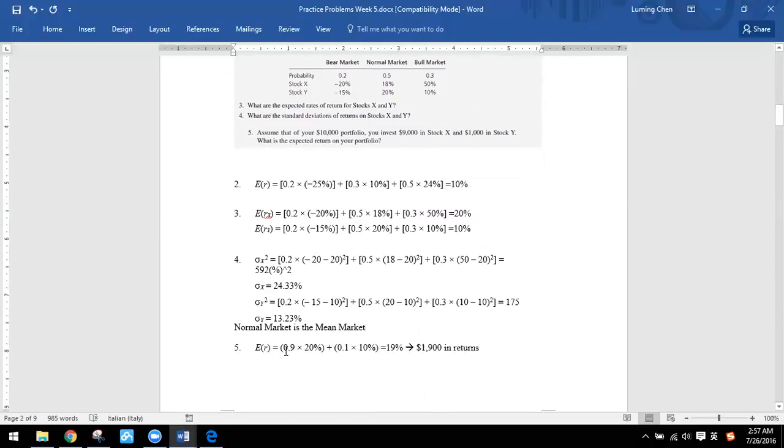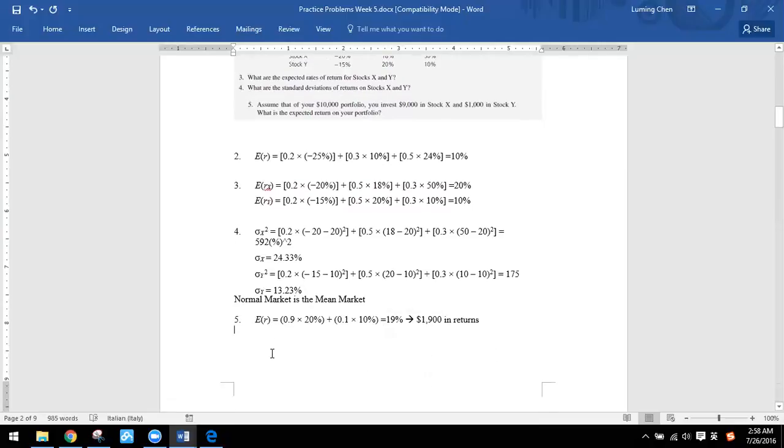Because this is the definition of expected return. So the percentage is 90% in stock X. The expected return is 20%. So the expected return on X and the expected return on Y.